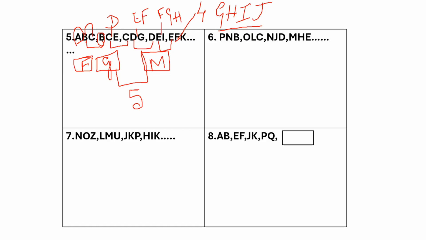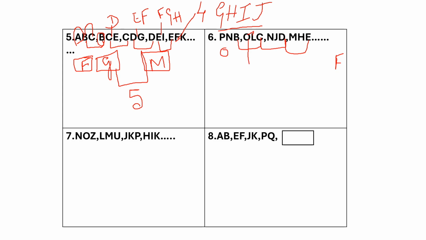Sixth question is PNB, OLC, NJD, MHE. What might be the logic? By looking at this series, we can say here B, C, C, D, E is there, so I'm assuming that the last letter might be F. We will check. N is there. In between, O is there. L is there.